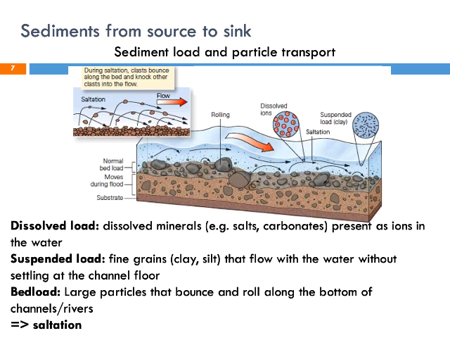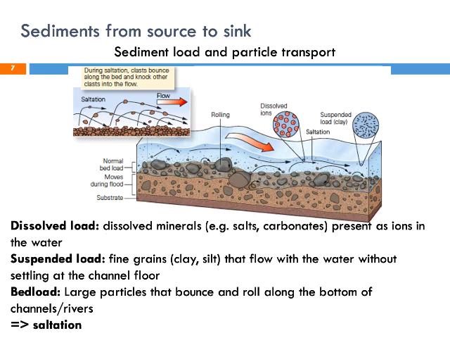Here on this slide we see a representation of how the sediment load is distributed in flowing water. In order to describe that, we need a number of technical terms that distinguish between different parts of a water column in flowing environments. First, we need to talk about the dissolved sediment load, and we have mentioned that before.